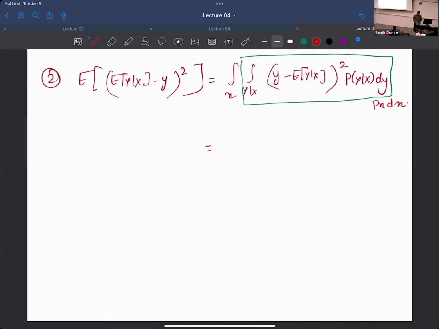Again, this is another standard integral definition. So what is this integral?